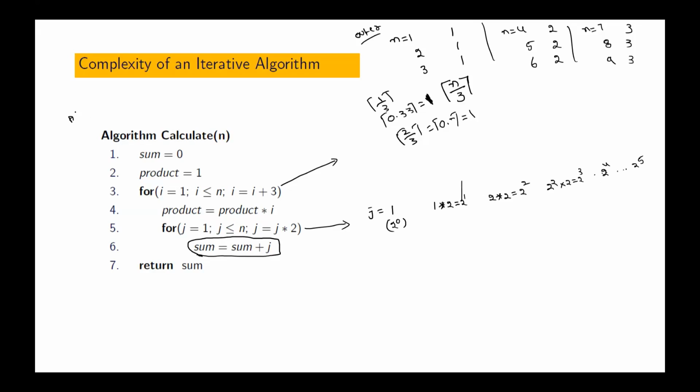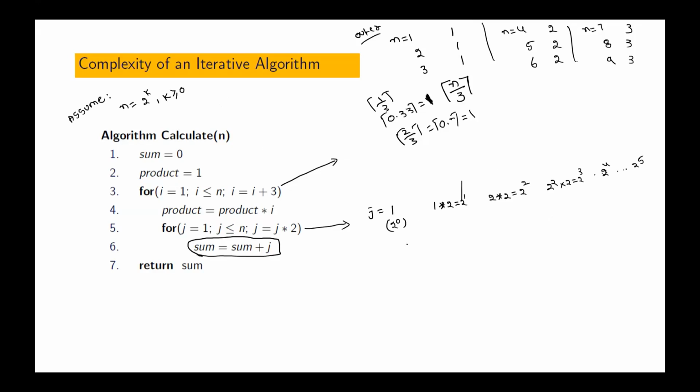Now, for easier calculation, let us assume that we are only interested in asymptotic behavior. Assume that n is of the form 2 power k, where k is greater than or equal to 0. 2 power k form. That means it is either 1, 2, 4, 8, 16, 32, 64, something like that. So then what happens?